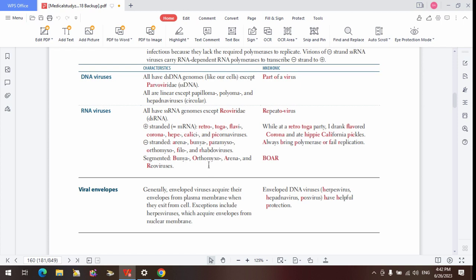Rabies, smooth muscle, skeletal muscle, paralysis of muscle, rabies, Rhabdo. Then Filo virus, Ebola, Filo. So that is that, guys. Filo, Rhabdo, Arena, Bunya, Paramyxo, Orthomyxo. They are the negative strand. The other ones, they are positive strand.